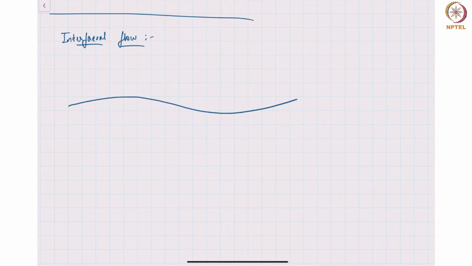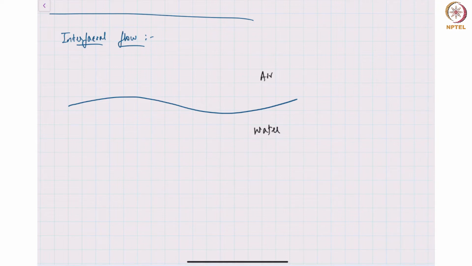So this is an interface. On one side you have, let's say, water. On the other side you have air. Now, there's nothing special about air and water. It could be any two immiscible fluids, and there is a surface which separates the two.